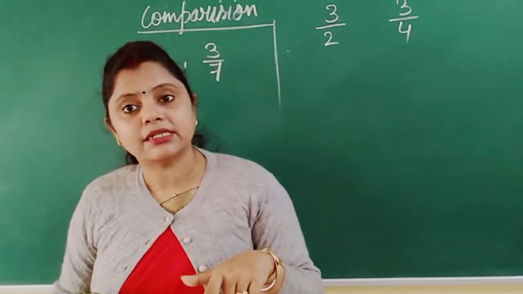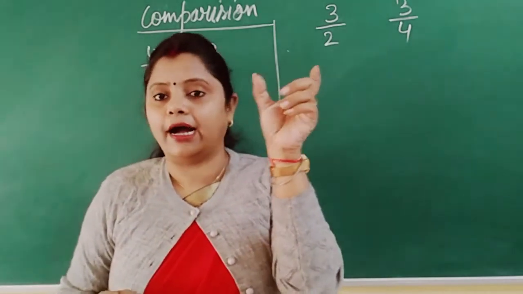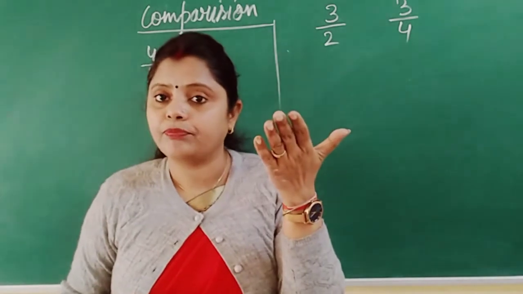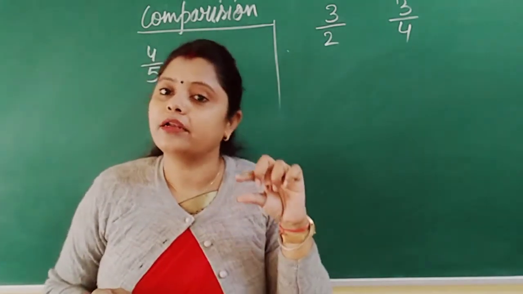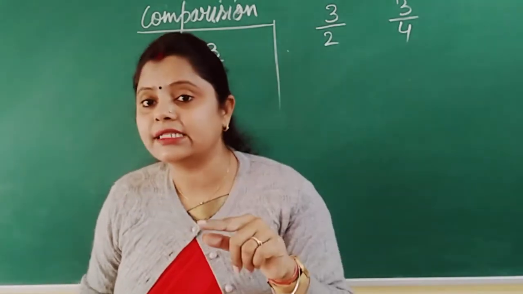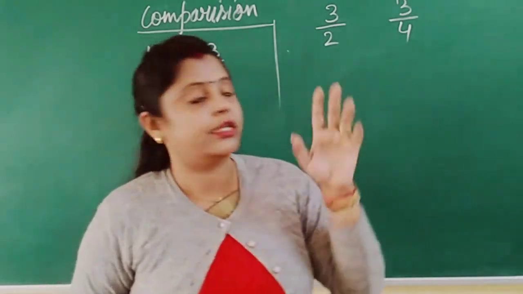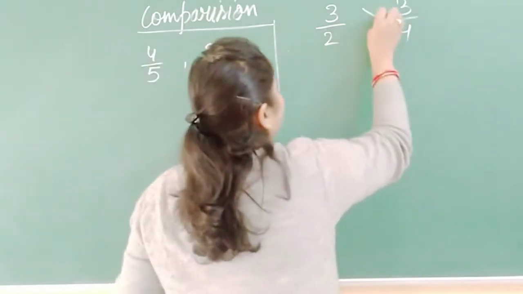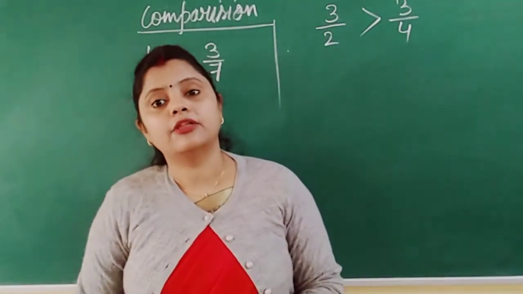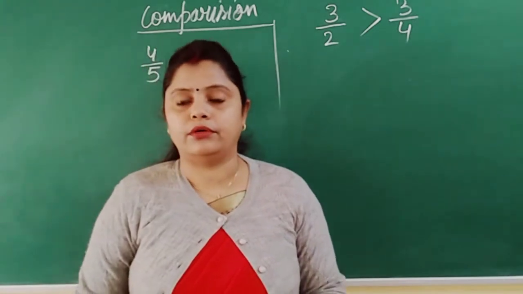When denominators are same, we were checking the highest numerator. But when numerators are same, we will check the lower denominator. That means the fraction whose denominator is less is the greater fraction. In this case, 3 by 2 is greater than 3 by 4.